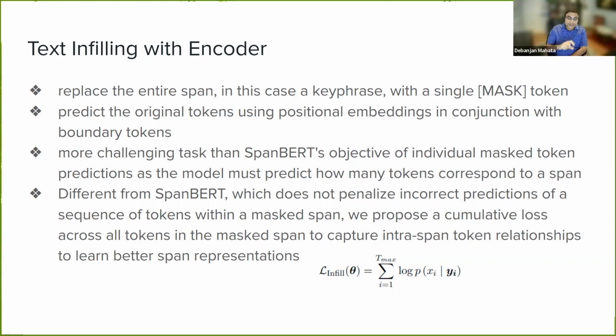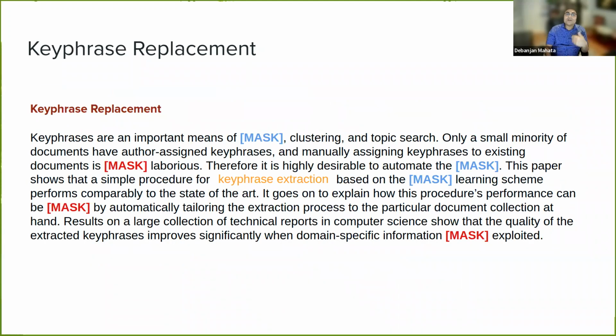It penalizes token by token, but now we consider the entire sequence of tokens. So we propose a cumulative loss across all the tokens in the mask span to capture the intra-span token relationships to learn better representations.